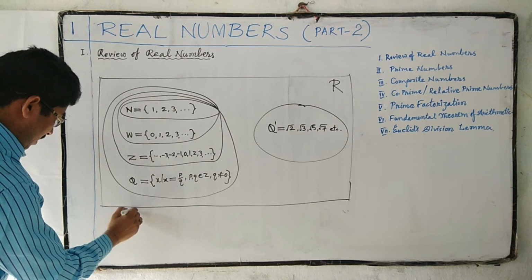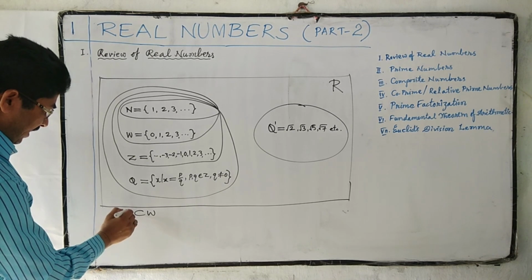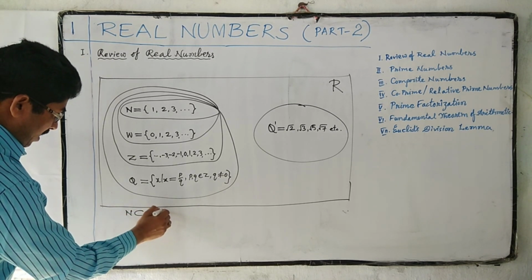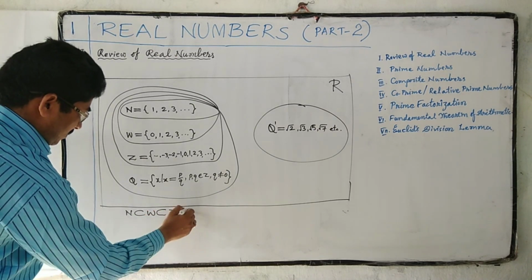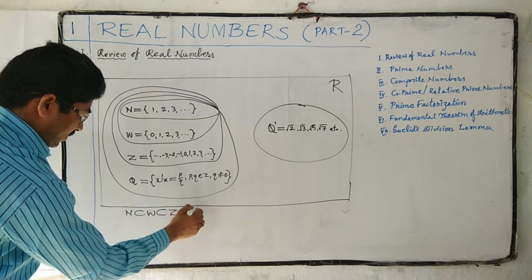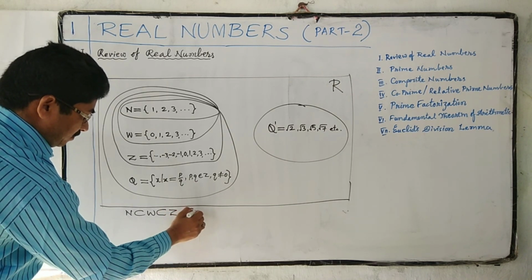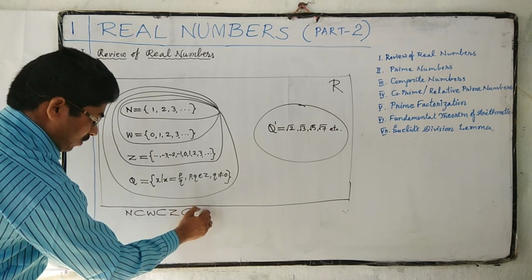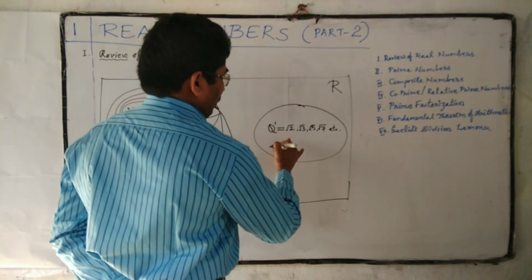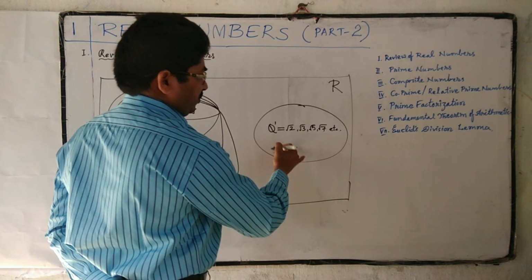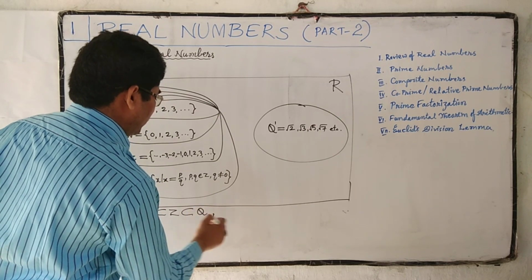Natural numbers are all in whole numbers, so we can say N subset W. All whole numbers are in integers, so W subset Z. All integers are in rational numbers, so we can write Z subset Q. But Q dash, irrational numbers, are in real numbers, not in rational numbers.